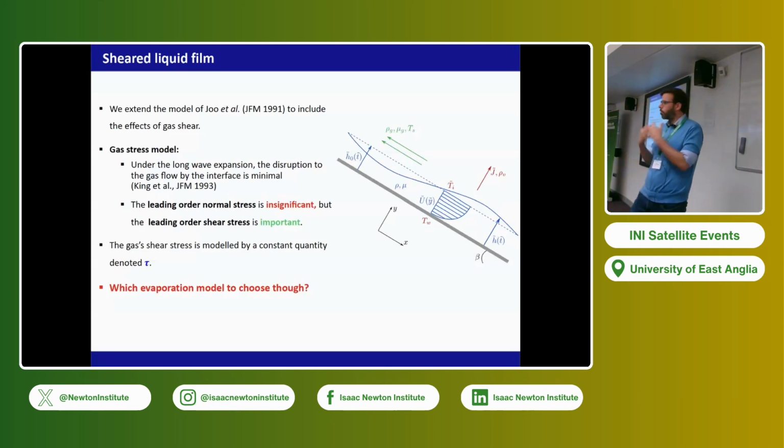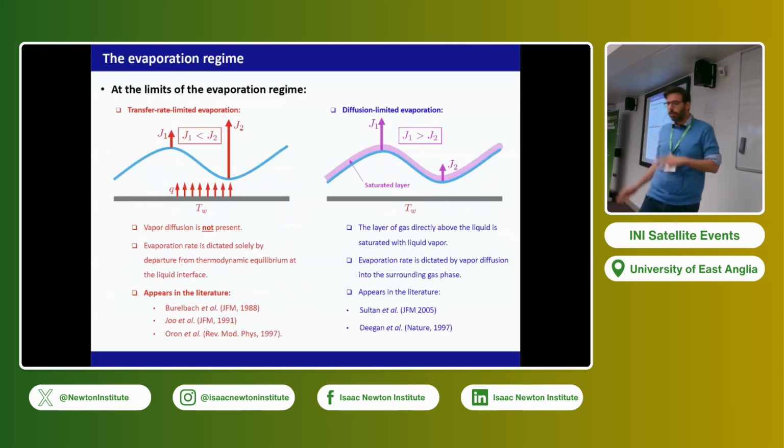But now, let's go back to the main topic of today, which is evaporation. Which evaporation model to choose? There are two big families. One is the transfer-rate-limited regime, in which vapor diffusion is not present, and the evaporation rate is only governed by thermodynamic equilibrium at the interface.